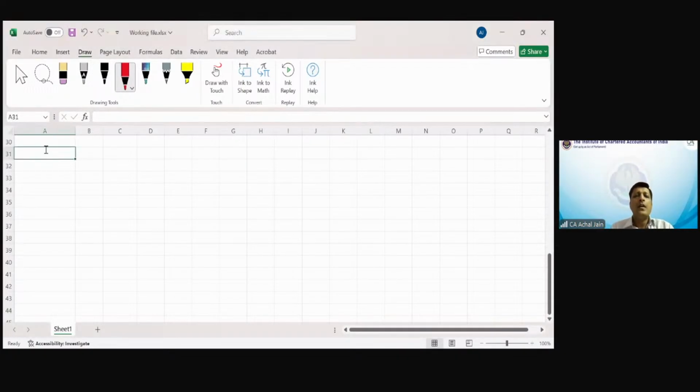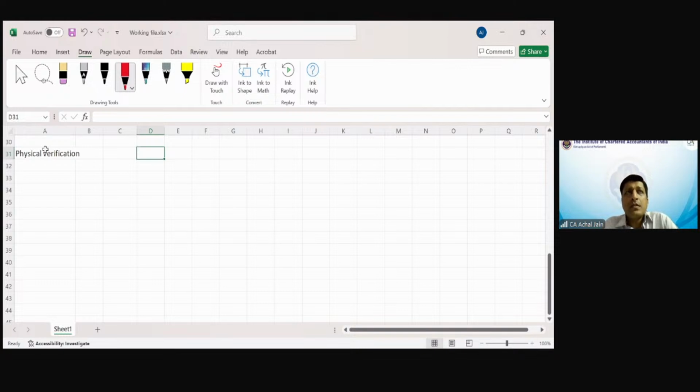Now, if you talk about this physical verification, it appears to be more of a clerical exercise wherein you just go and physically count the items. Physical verification means you go and count the items. Okay, but every time doing this physical verification on the basis of counting may not be possible.